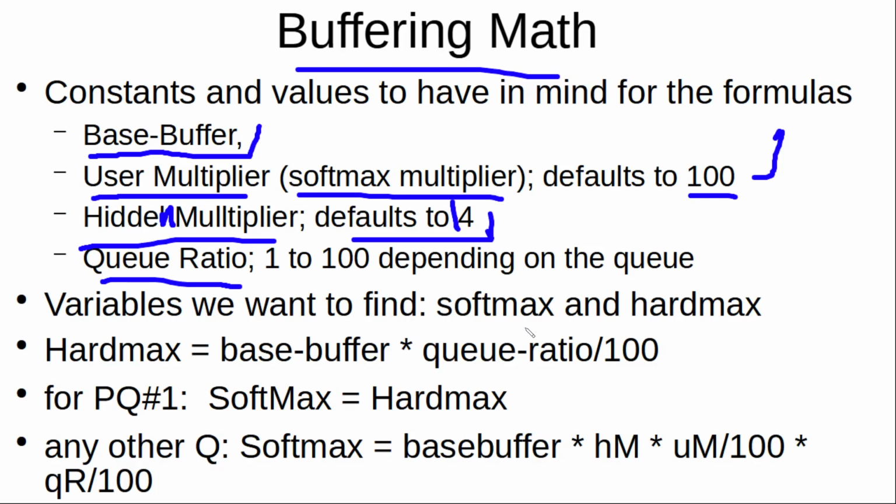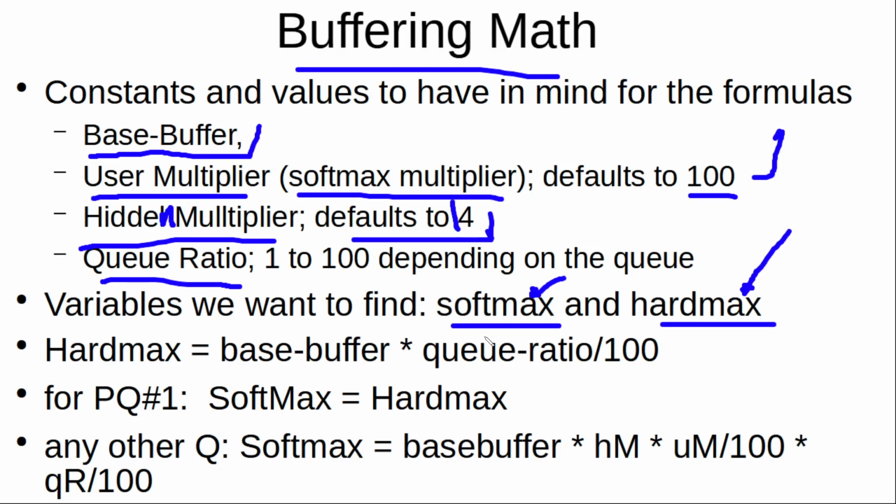Now, the values that we want to find with these formulas are SOFTMAX and HARDMAX, because we want to know how many hard buffers my port will have, and how many soft buffers my queues that are not priority queue number 1 will have.